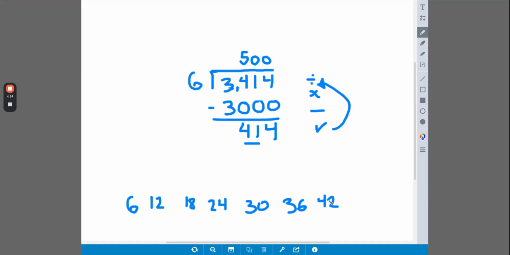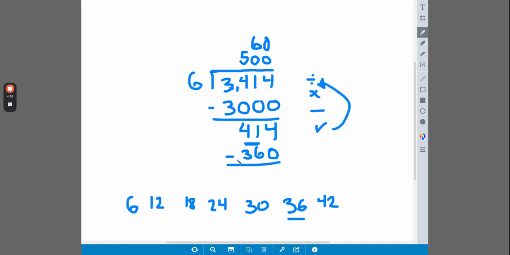Now, 42 is too much, so I'd go back to 36. So that's 6 tens, because I'm dividing up tens, in 6 groups is 360 divided up. So that would work. Now I'm down to subtraction.